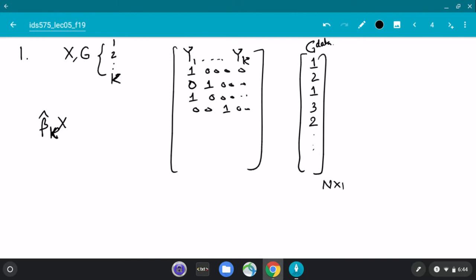And then what's going to be the decision boundary? The decision boundary is where your two predictions have the same score. For example, the decision boundary could be where beta hat k transpose x is equal to beta hat l transpose x, where k and l, think of it as 1 and 2, for example.